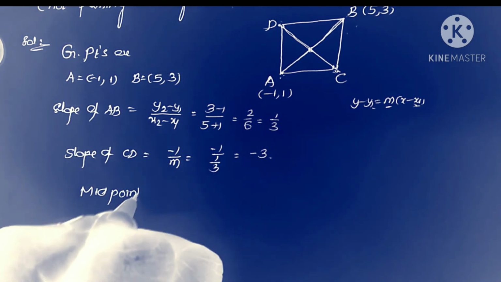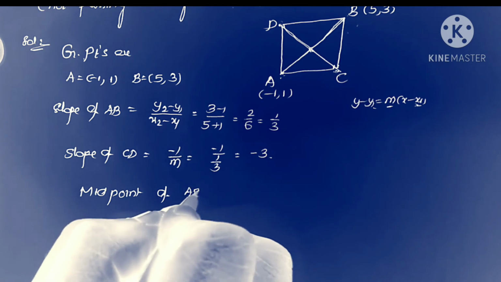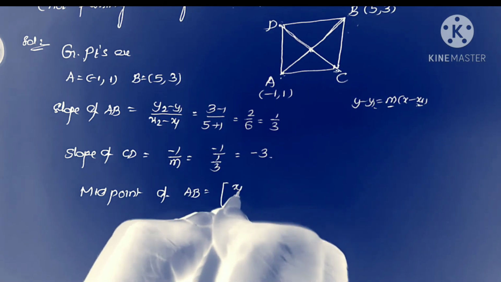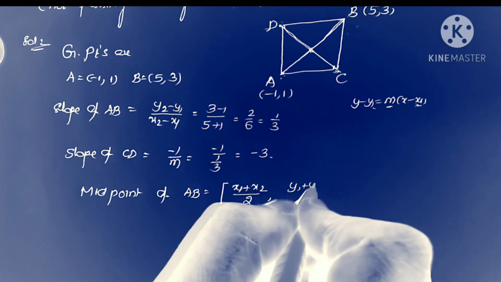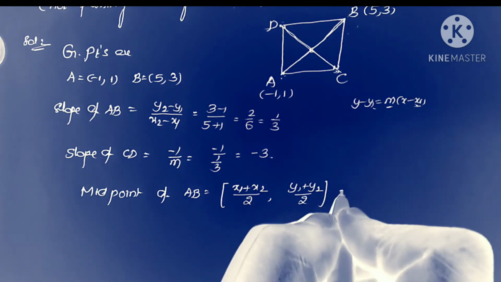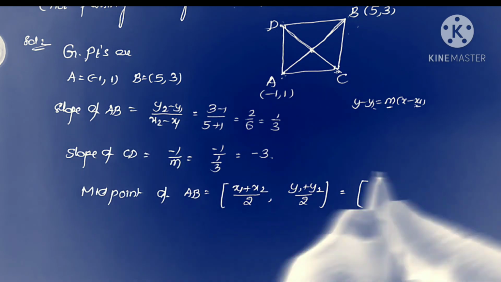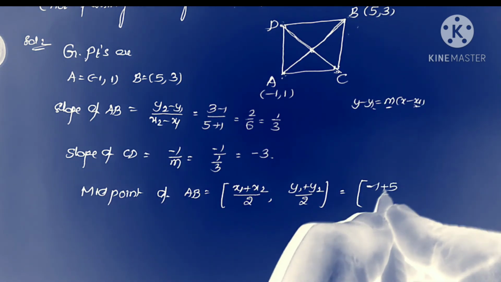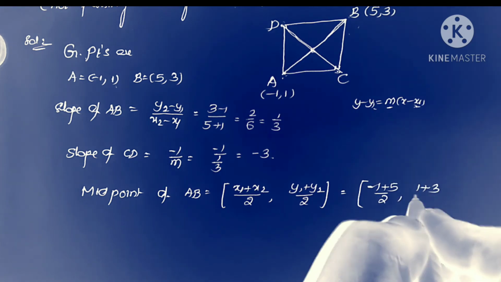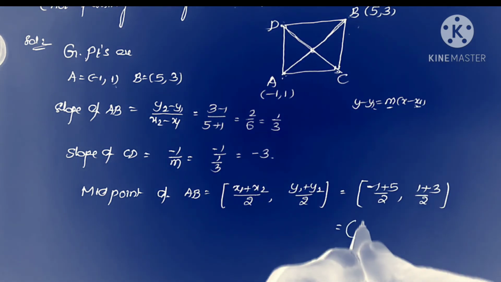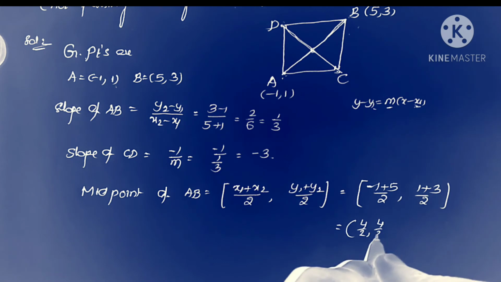The formula is ((x1 plus x2) by 2, (y1 plus y2) by 2). Replacing the values, (minus 1 plus 5) by 2 and (1 plus 3) by 2, which is 4 by 2 comma 4 by 2, equals (2, 2).